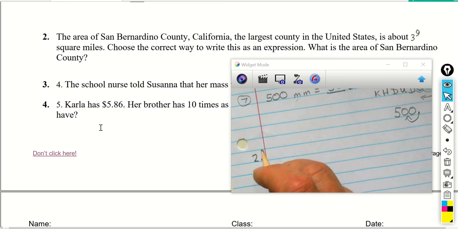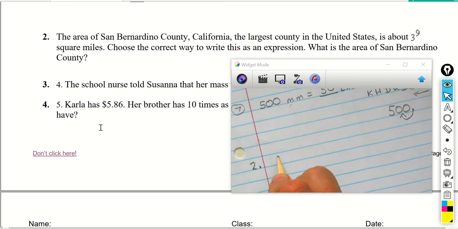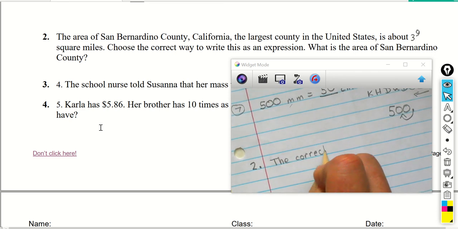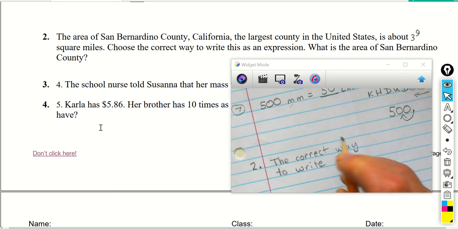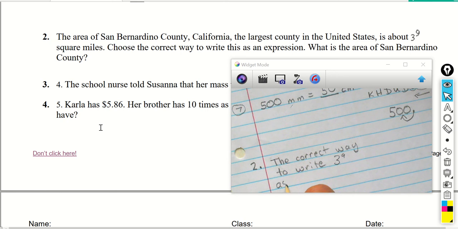What I'll do is I'll go ahead and write the correct way to write 3 to the 9th power as an expression.